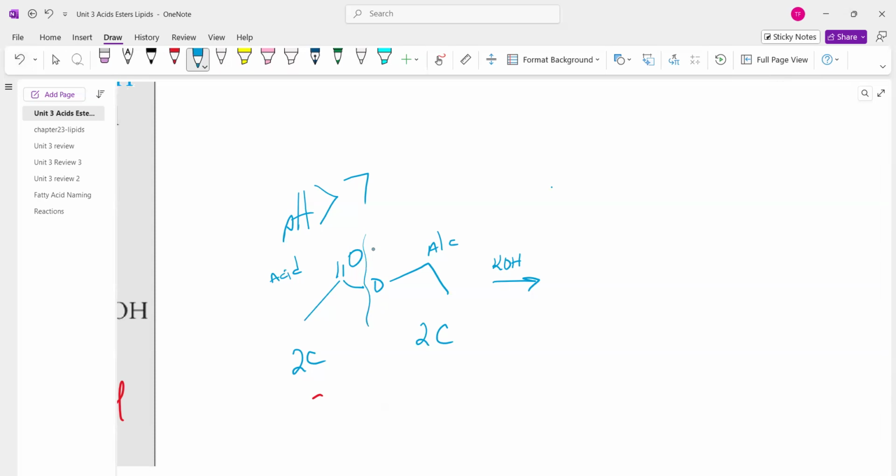The acid is not going to be an acid. It's going to be the acid salt. This is going to be 2 carbons, potassium ethanoate.